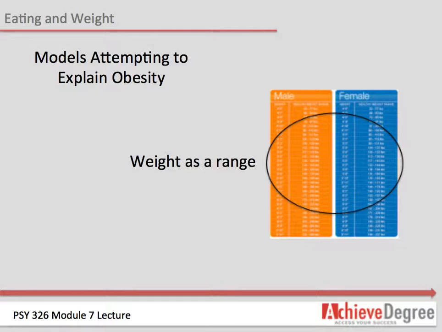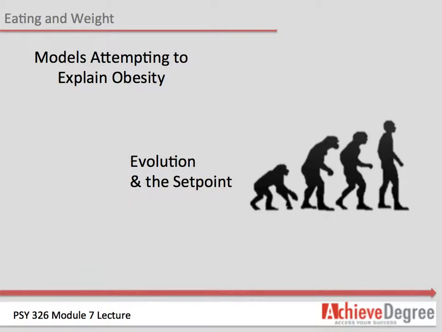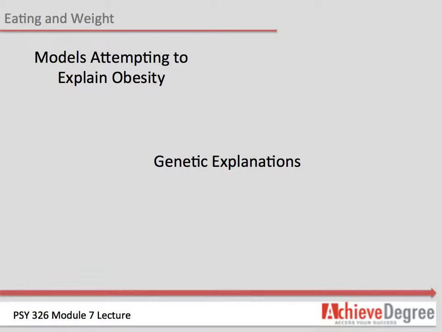Why is the body so good at maintaining its set point? Evolution. The capacity to store excess calories as fat was an important survival mechanism, especially for species that were able to eat only infrequently. Natural selection favored those human ancestors who developed thrifty genes, which increased their ability to store fat to sustain them until the next meal. Genetic explanations.